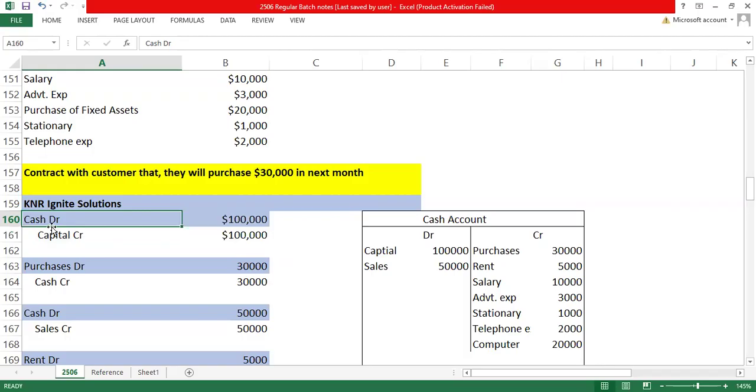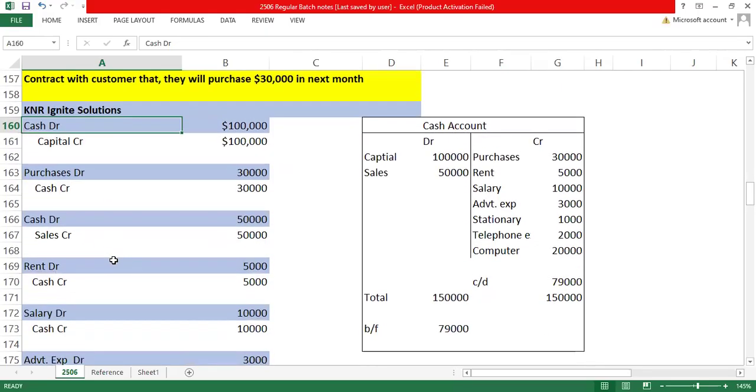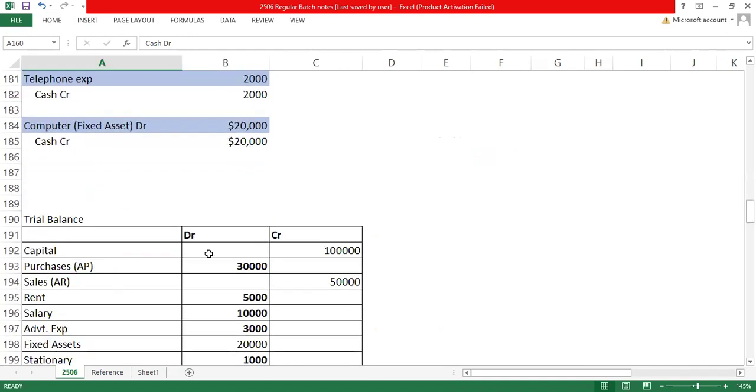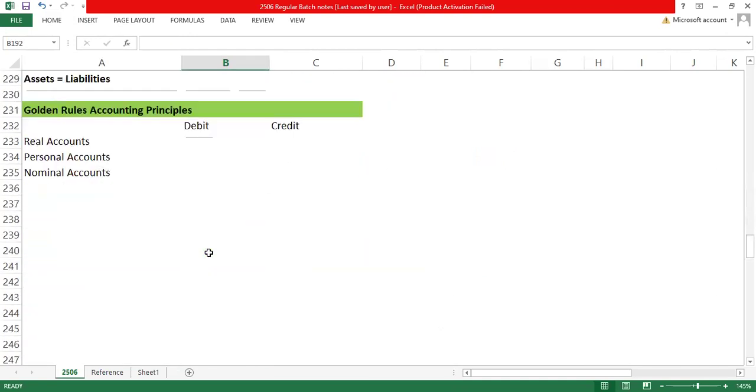Cash has been debited because cash is coming in. Cash is coming into my business. Debit what comes in.